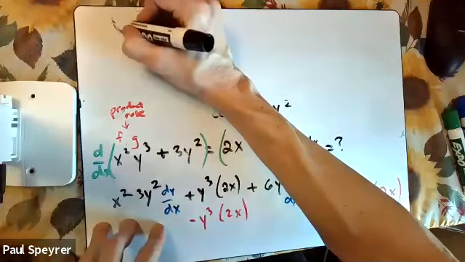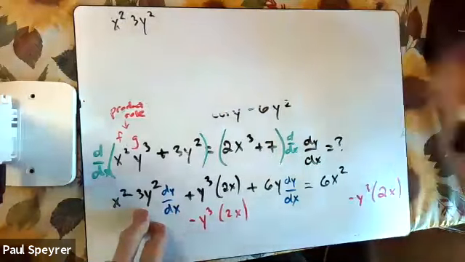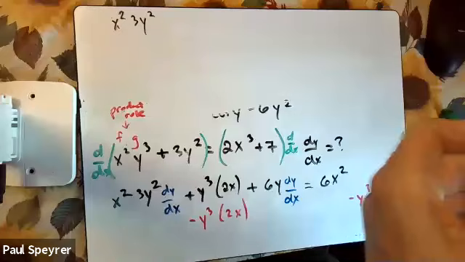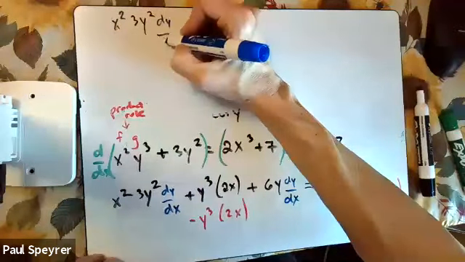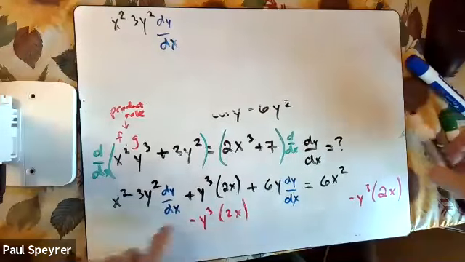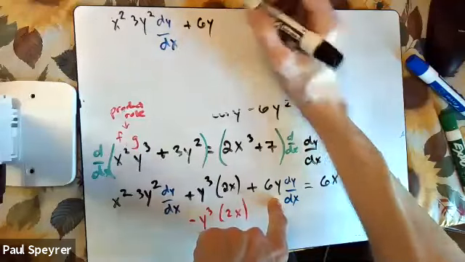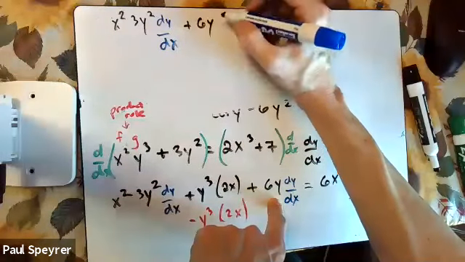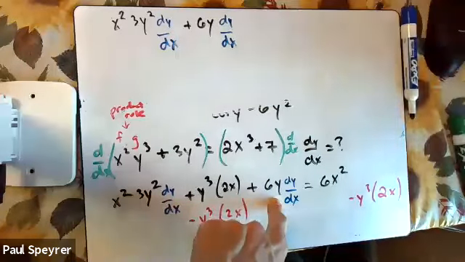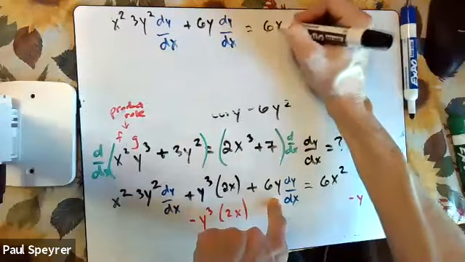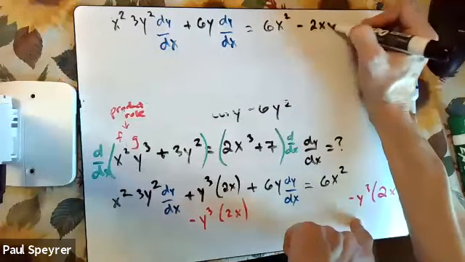We have an x squared 3y squared dy/dx plus 6y dy/dx, and all that is equal to 6x squared minus 2x y cubed.